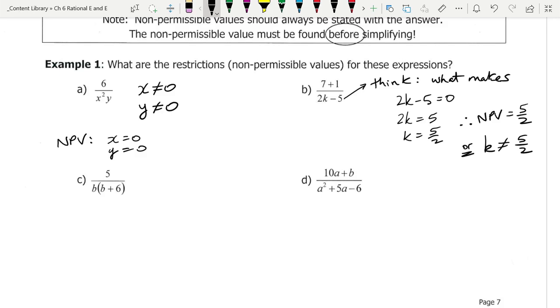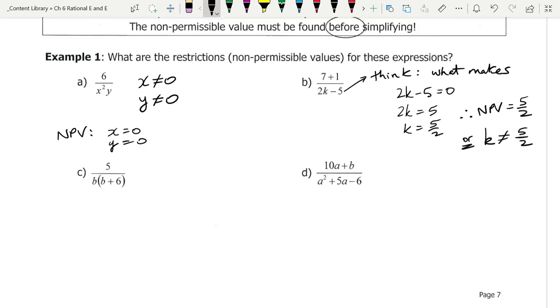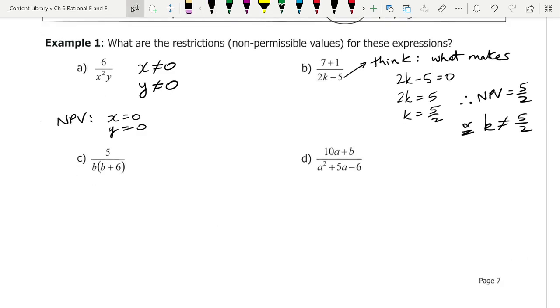All right, look at C. What are my NPVs for this one? Or, say it the other way, what can B not equal? B cannot equal 0 or -6. Do you see why that is? If B was -6, I'd have -6 times 0, which is 0.